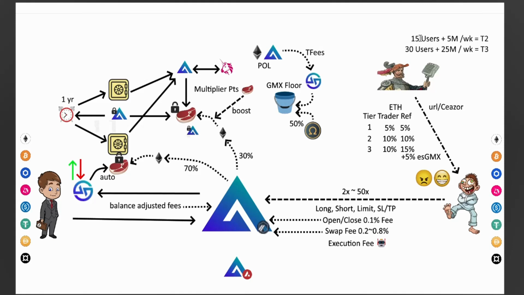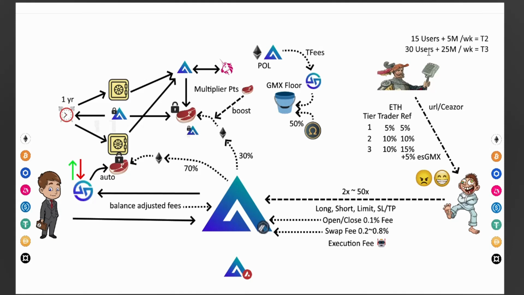Now, in order to get to tier 2 and tier 3, it's pretty hard, actually. To get to tier 2, you have to obtain 15 unique users, and they have to do a combined amount of 5 million trading volume per week. And then you can apply to get tier 2 if you think you've got this. It's not an automated process, okay?